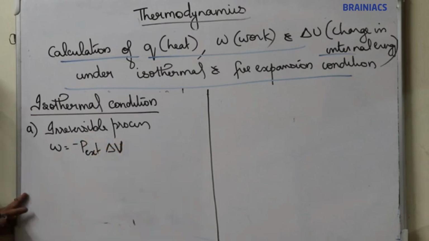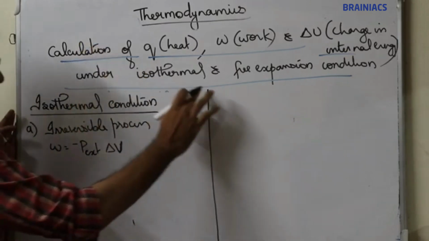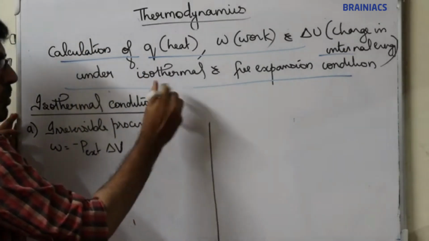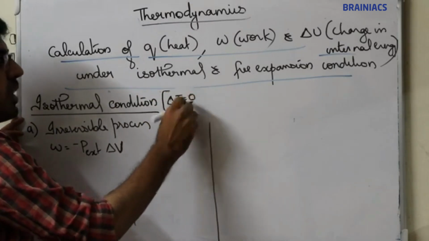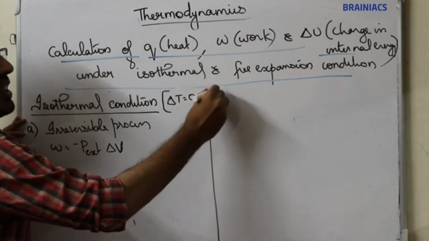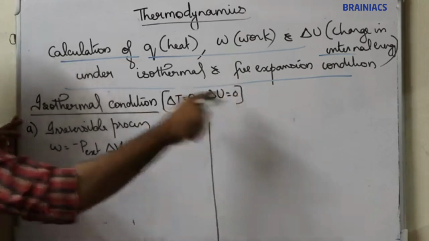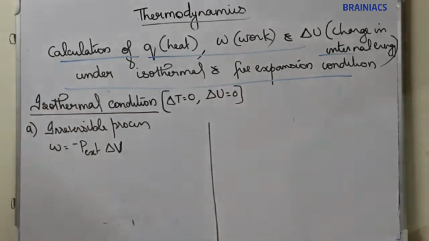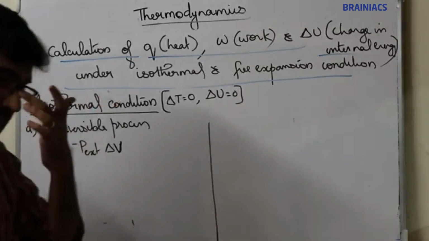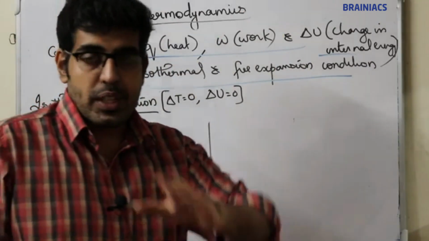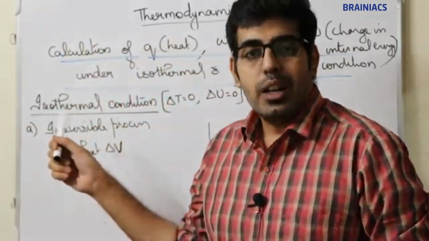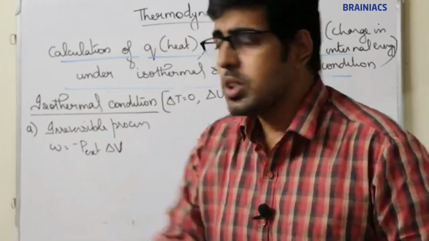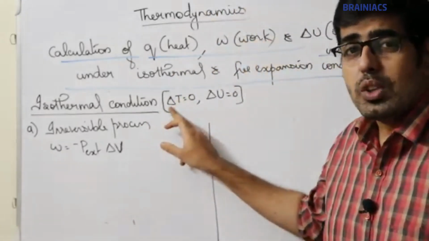Now for isothermal condition, you should remember that delta T, the change in temperature, will be equal to 0, and the change in internal energy, delta U, will be equal to 0. Both these terms will be equal to 0. Initially in our introductory topics, we learned that isothermal means constant temperature, so for an isothermal process, delta T will be equal to 0.